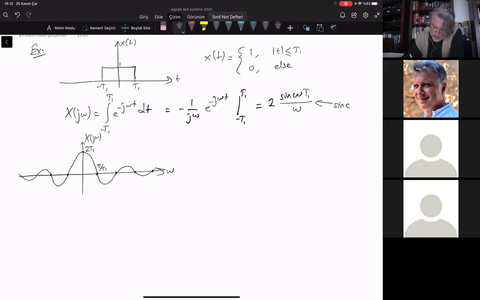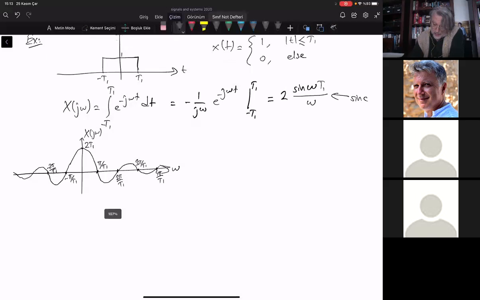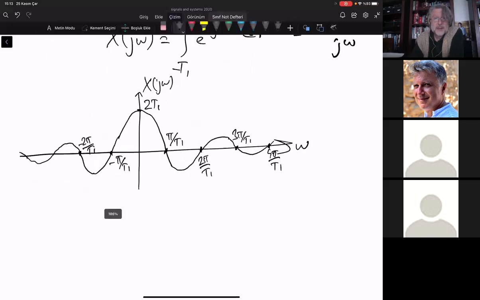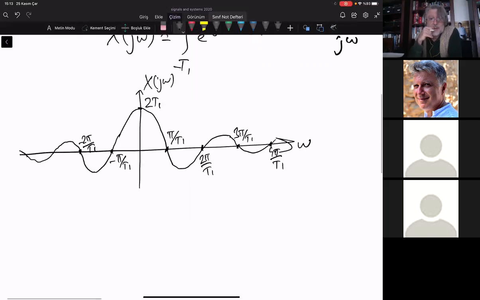And then the next one is at 2 pi over T1, and then 3 pi over T1 and 4 pi over T1. And this is at minus pi over T1 and minus 2 pi over T1, etc. It goes on like this. I'm drawing a little bit small, sorry for that. Let me enlarge it a little bit. So this is the sinc shape that we have.